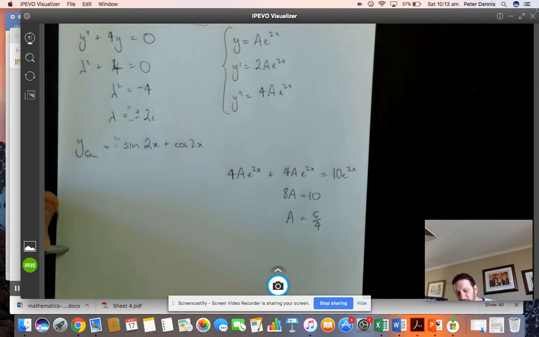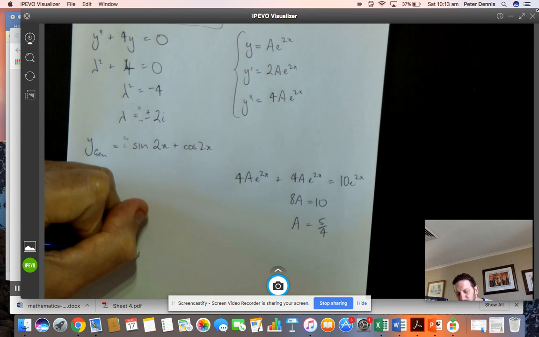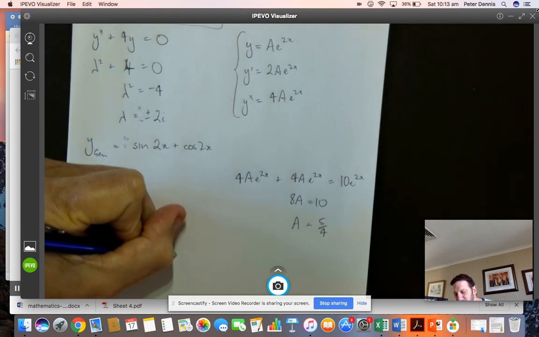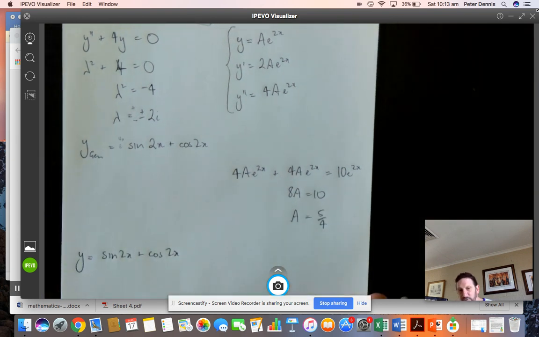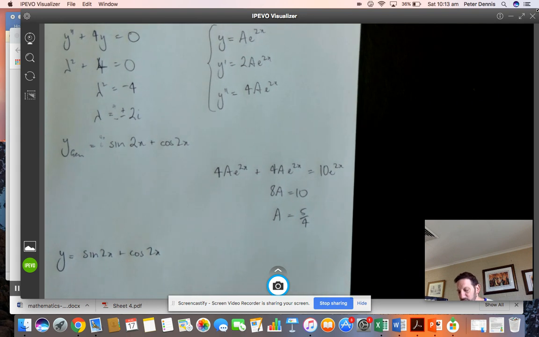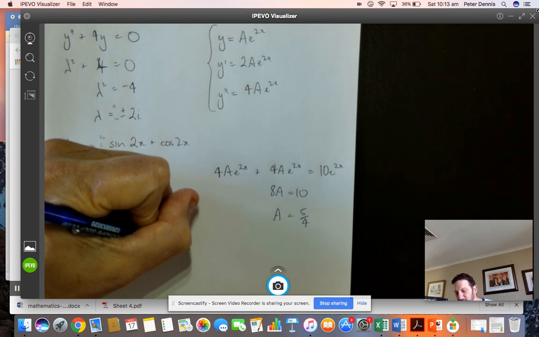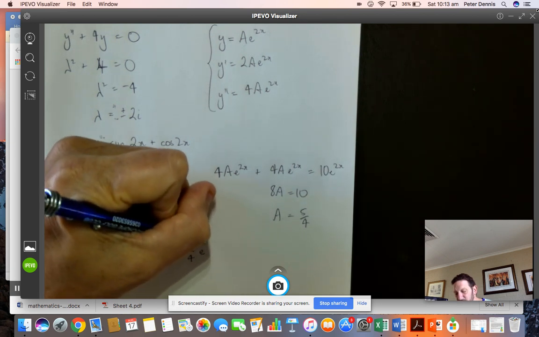So our final solution is going to be y = C1 sin 2x + C2 cos 2x plus the specific solution here, where a = 5/4. So that's going to be 5/4 e^(2x).